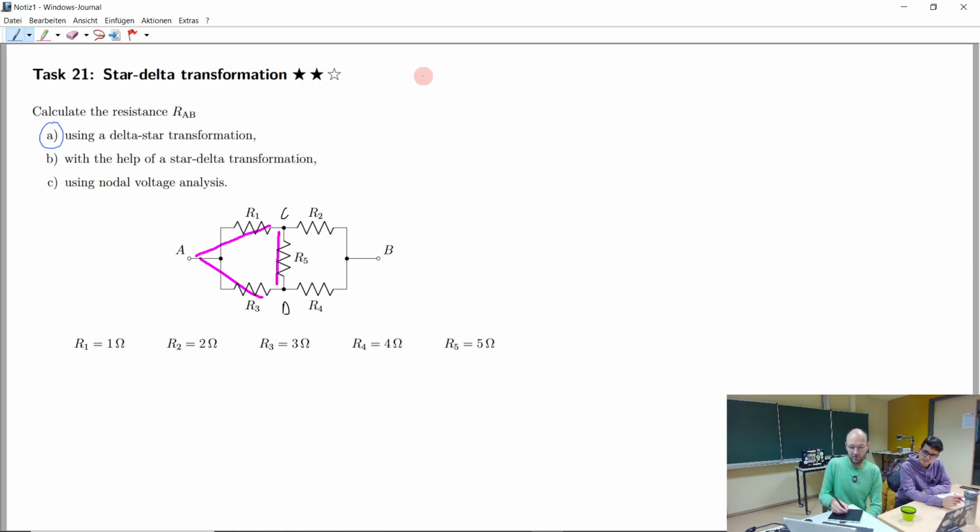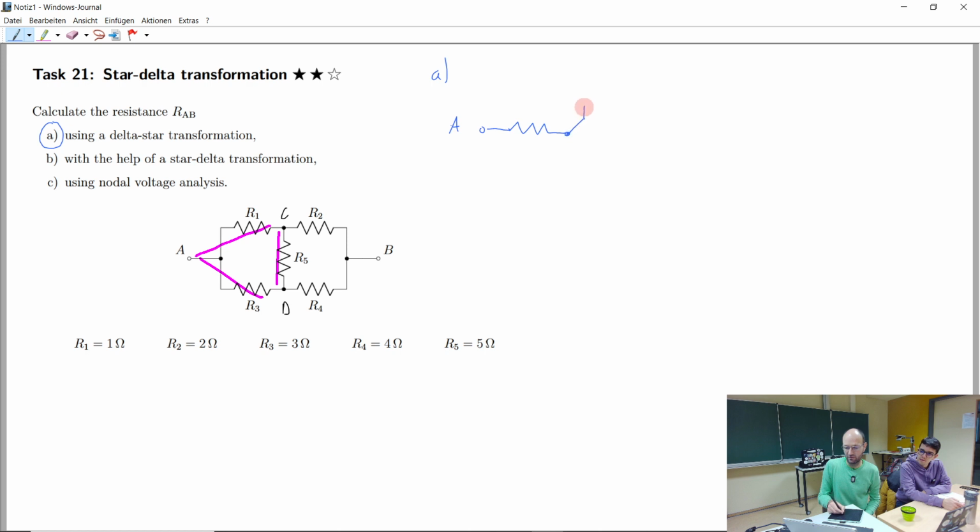So in this case, I will redraw the circuit then. We still here on this side have node A. And then we have one of the resistors. So then we have a new point that is not in this circuit.